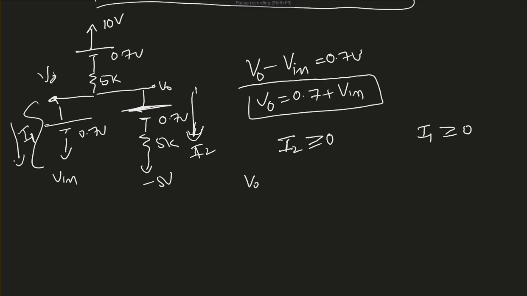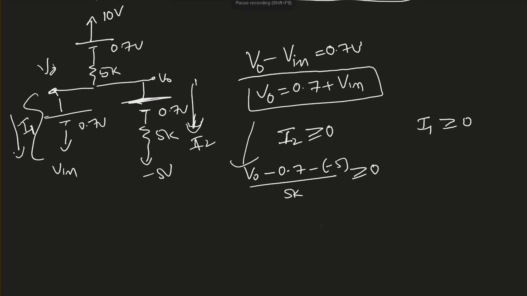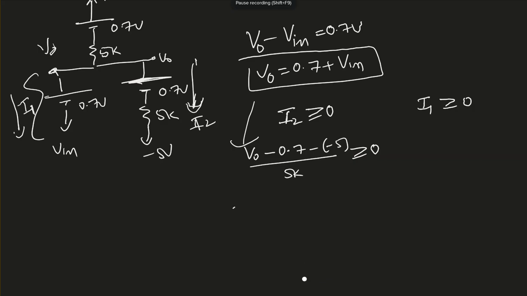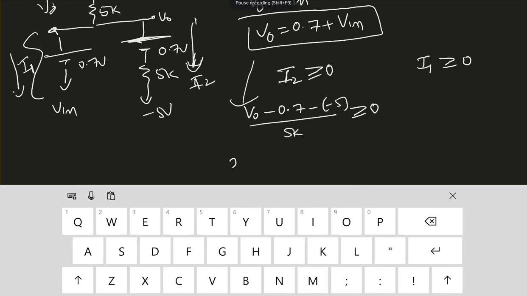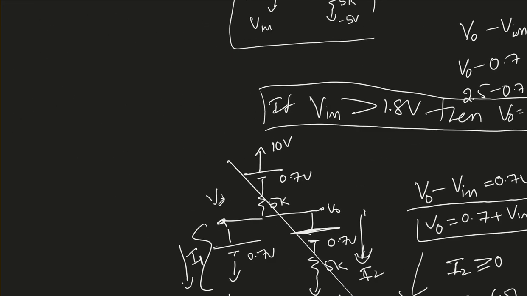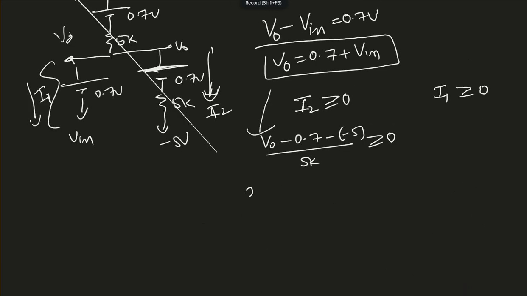So V naught minus 0.7 minus of minus 5, over 5k, must be greater than or equal to 0. I'm going to substitute the V naught value there, which is 0.7 plus Vn, minus 0.7 plus 5, over 5k, must be greater than or equal to 0.